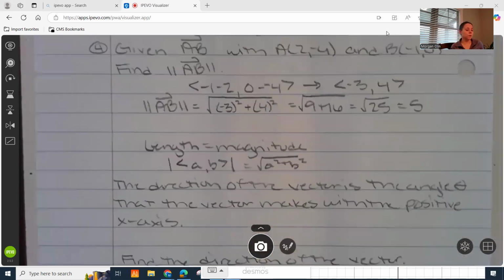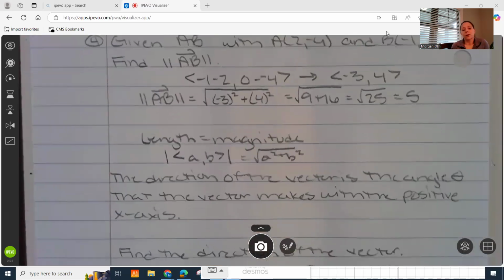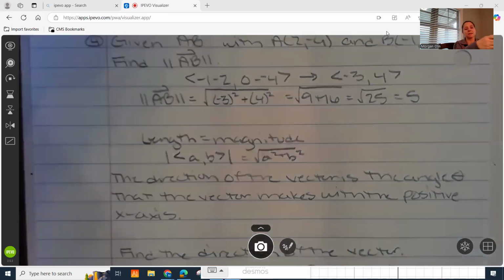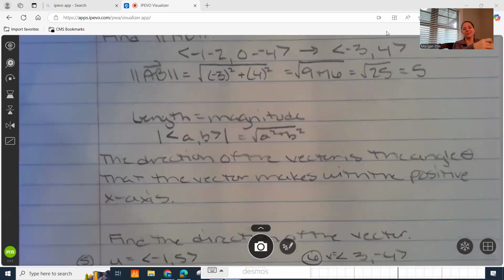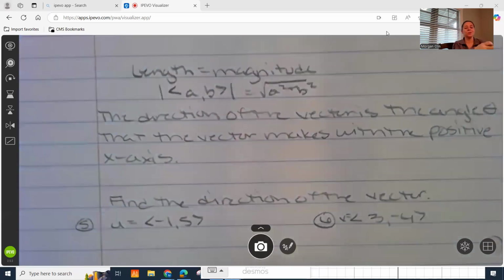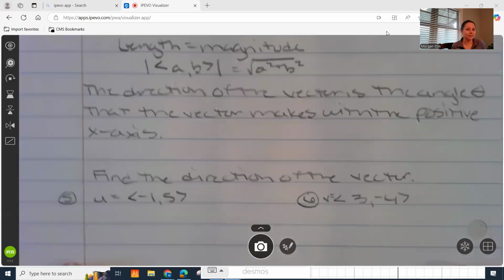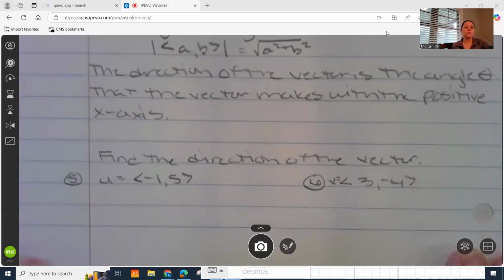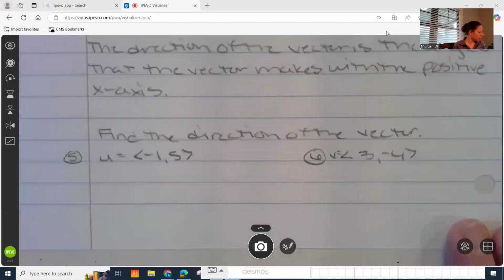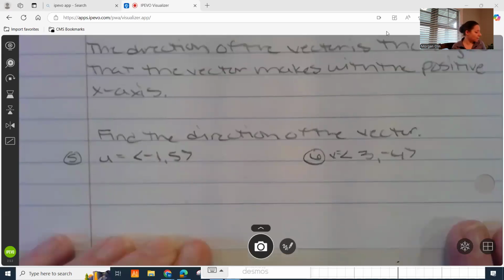All right, moving right along. The direction of the vector is the angle theta that the vector makes with the positive x-axis. And you'll recall this, if you think about the unit circle, doesn't that start on the positive x-axis? By the way, we always give the angle as a positive number less than 360.